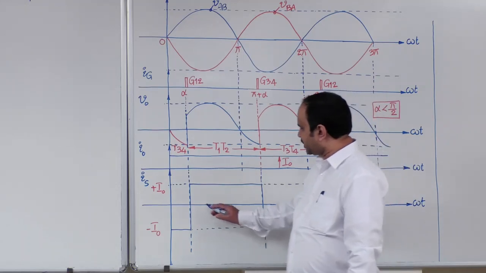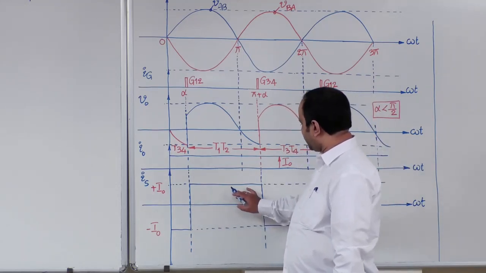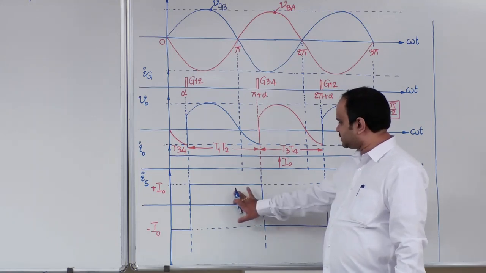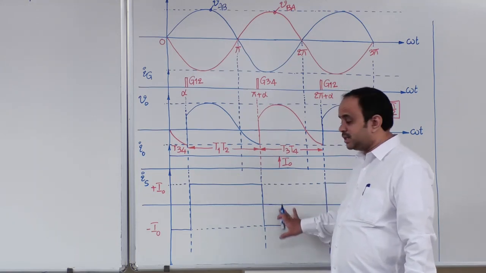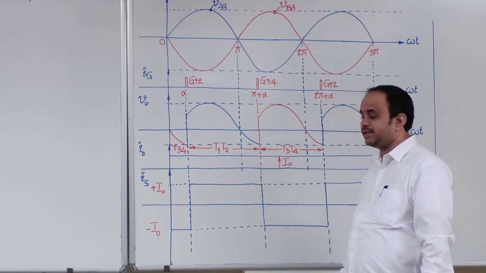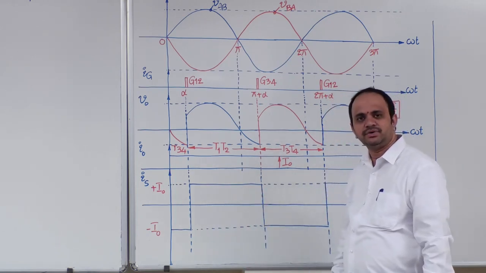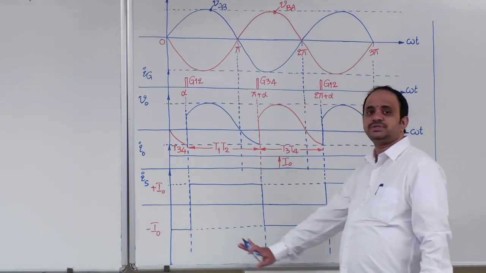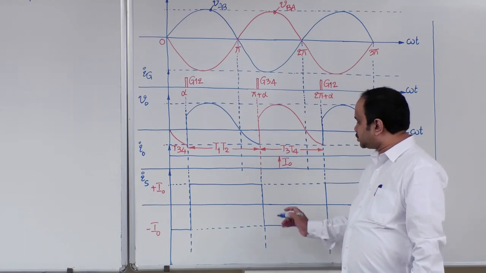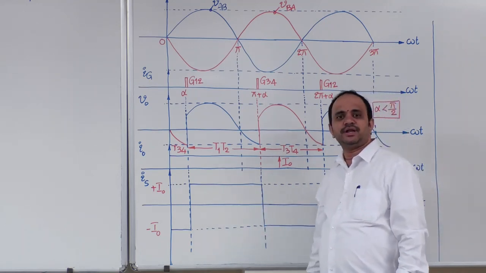Now observe carefully, the positive area and negative area are both equal. As per Fourier analysis, the A naught by 2 term is 0. Therefore, you can say that for this particular waveform, the DC component in the source current is equal to 0. There is no source transformer saturation issue. But the source current is not a sinusoidal waveform.